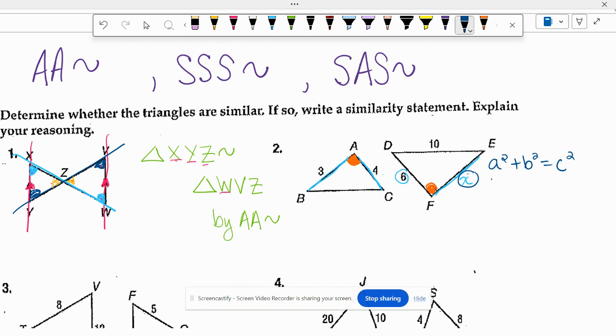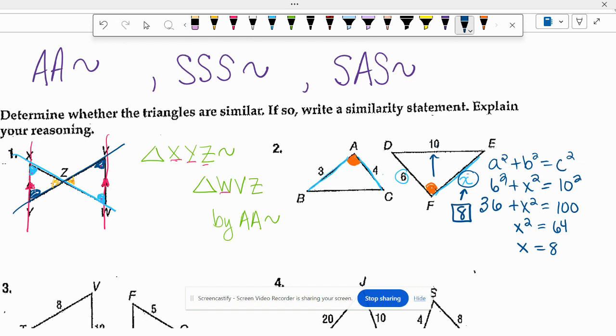So the legs, 6 squared plus x squared, have to equal 10 squared because the hypotenuse is always opposite the right angle. Well, 6 squared is 36 plus x squared equals 100. When I subtract 36 from both sides, I find out that x squared is 64, which means that x is 8. So this measure is 8, and we proved it.